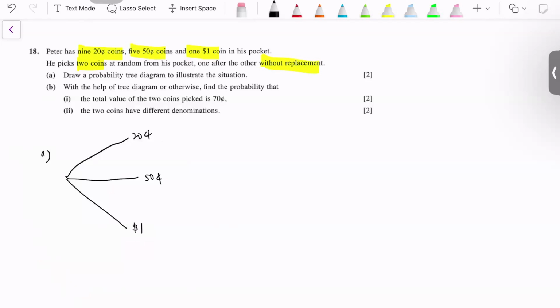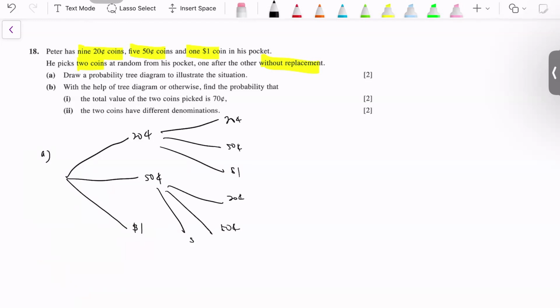So after he picked 1 20 cent, it's still left with 20 cent, 50 cent, and $1. Following that, after he picked 1 50 cent, it will still be the same thing. And after he picked $1, it's left with 20 cent and 50 cent only.